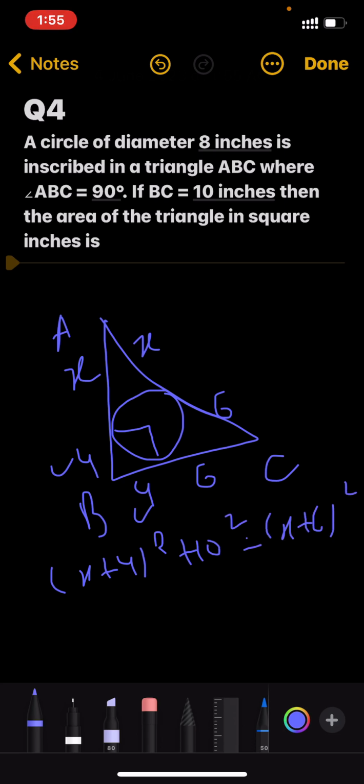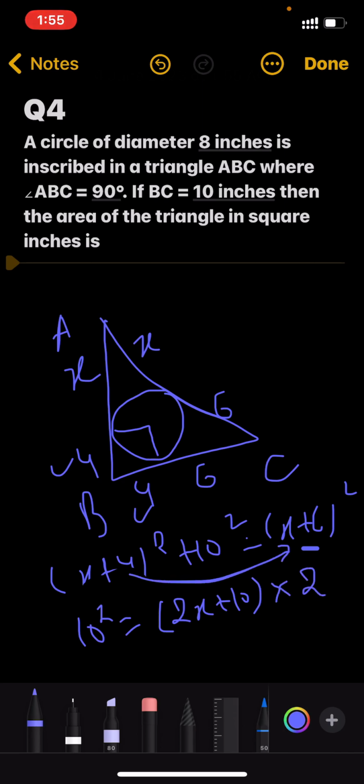Now what you can do is transfer this to this side, or if you remember triplets you can do that as well, but okay, I'm telling you. So 10 square equals x plus 6 whole square minus x plus 4 whole square. I did a square minus b square equals a plus b into a minus b.